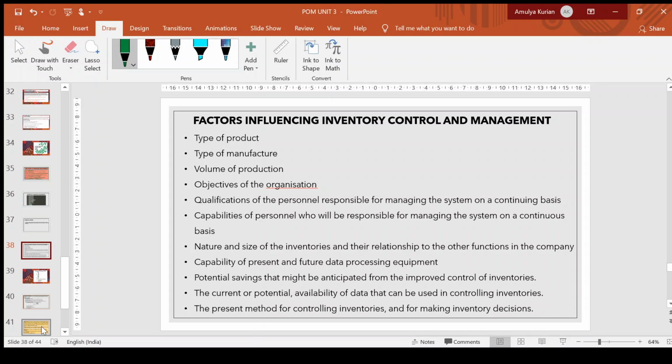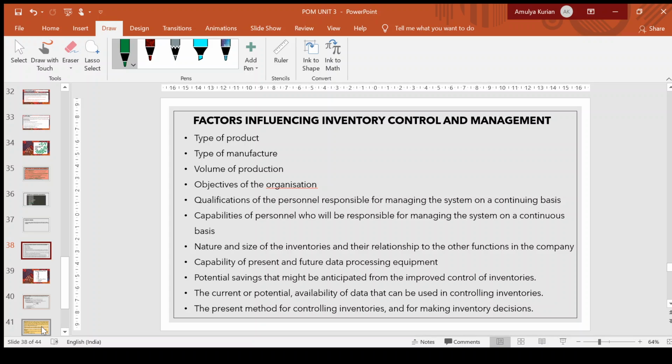That means if you are having a continuous manufacture, then the rate of production will be the key factor which will be influencing your inventory control and management system. The third one is volume of production. If the volume of production is more, you should have a good system of inventory control.